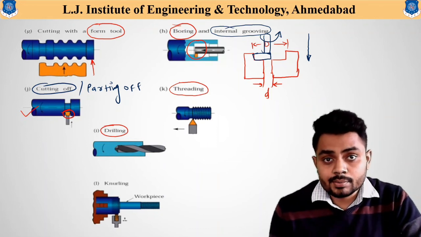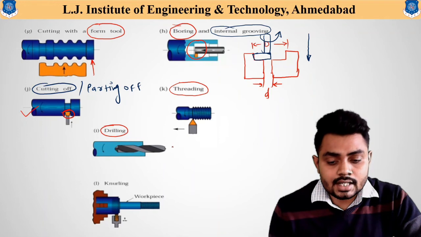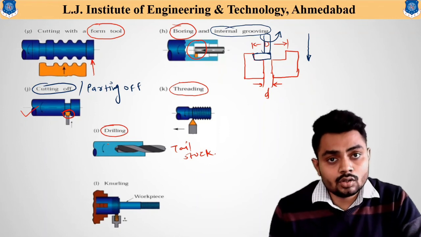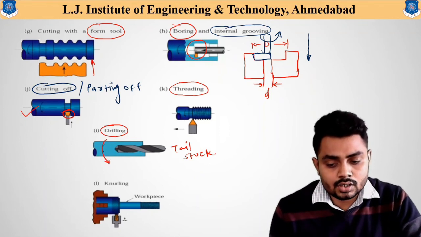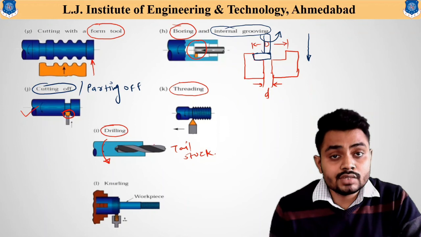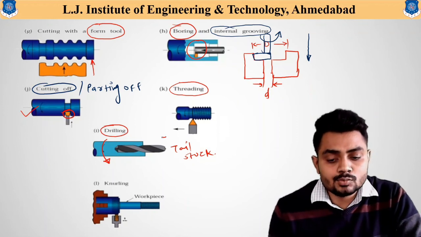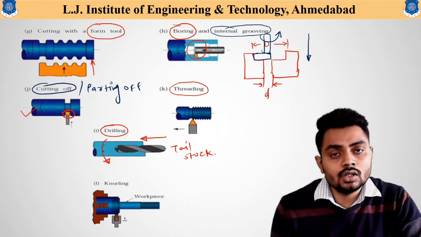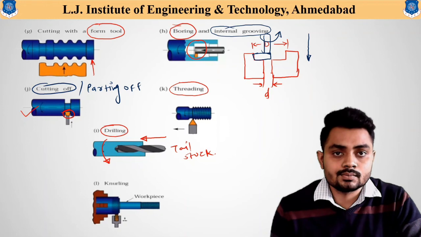For the drilling operation, this drill tool is set on the tailstock spindle, and during the lathe operation the workpiece is rotating, and this drill tool, which is fixed on the tailstock, is moved towards the rotating workpiece, and after providing feed one can generate the hole in that particular workpiece.